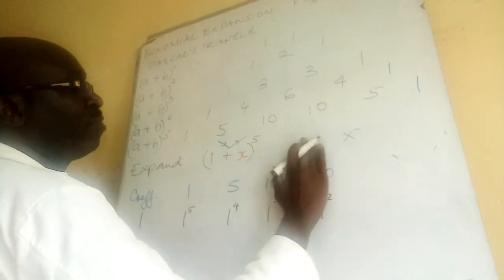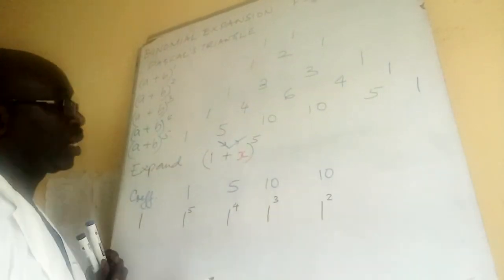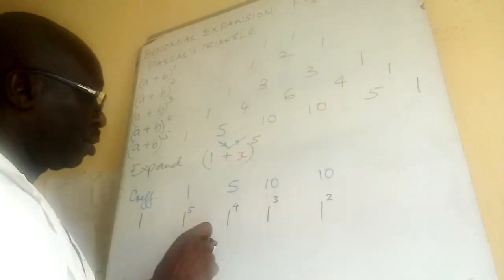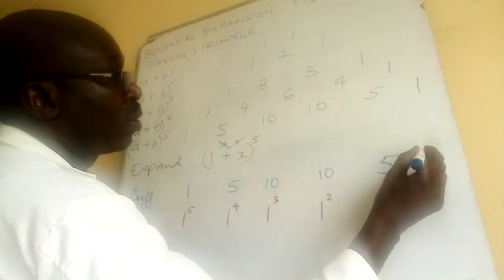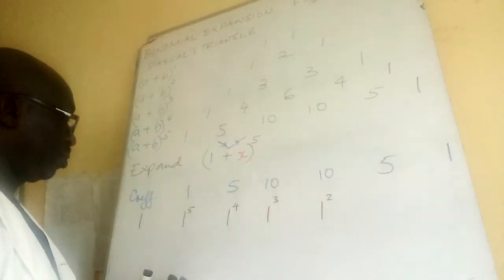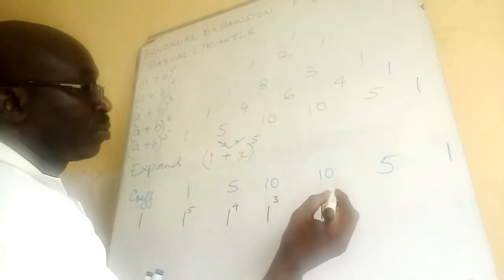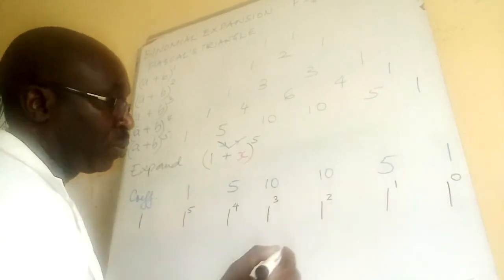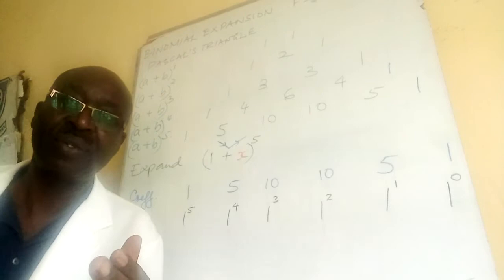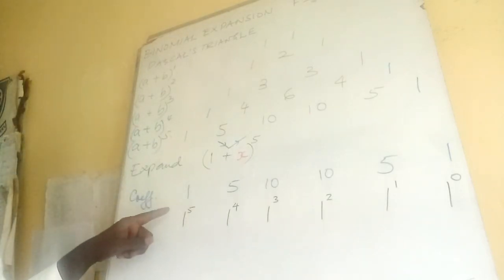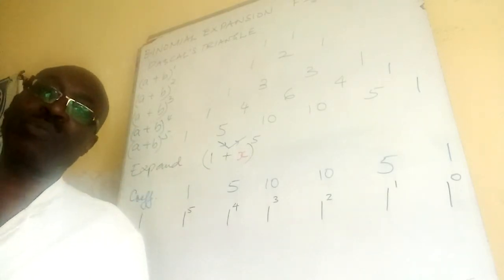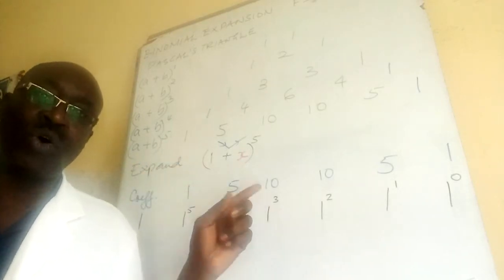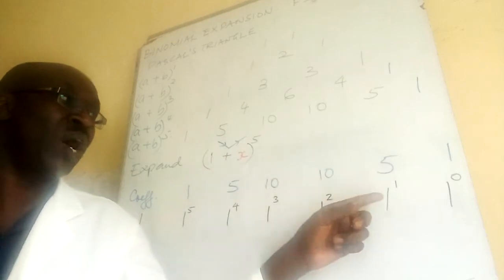So let us do everything. Let us expand this. And then we shall make a conclusion from there. We have 1 there. 1 to power 1, 1 to power 0. Maybe that would make sense. You can see it decreases from the highest power you have. 5, 4, 3, 2, 1, 0.